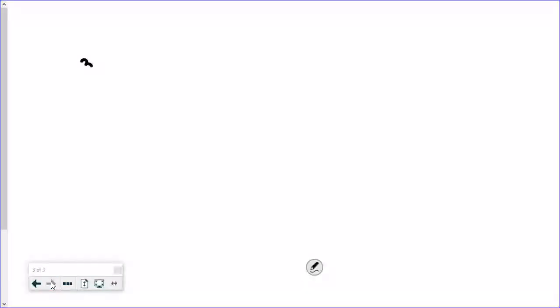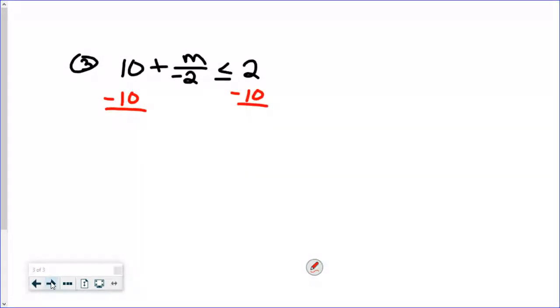Okay, number 3, I have 10 plus m over negative 2 is less than or equal to 2. Okay, so first thing I would minus 10 from both sides. Okay, and I have m divided by negative 2 is less than or equal to negative 8.